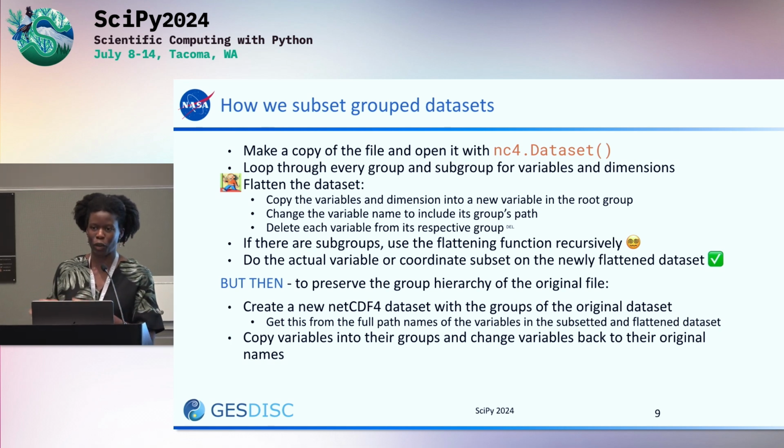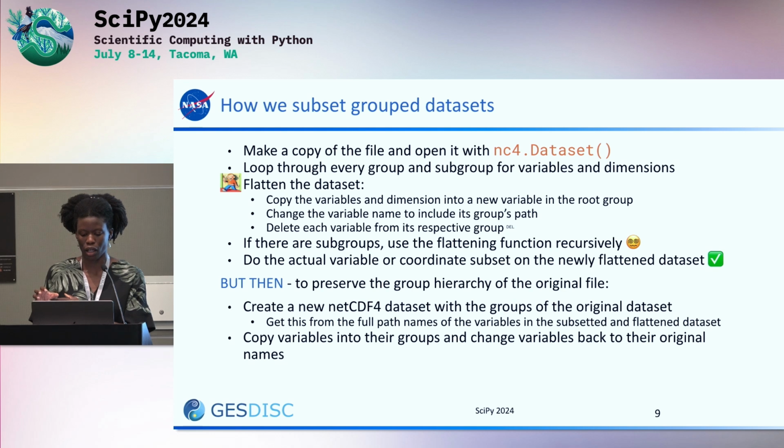To flatten a dataset, we copy all of the variables and move them into the root group, but we change the variable name so it contains the full path of the group that it's in, and then we delete the variable from its respective group, and then delete the group. And then, if there are subgroups, we use this flattening function recursively. And now we can do the variable or coordinate subset since the dataset's been flattened.